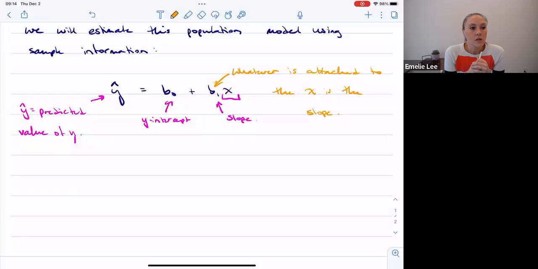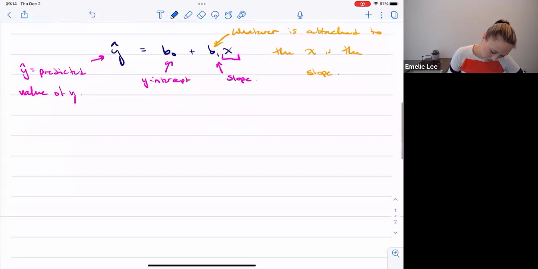Okay, so that's great. Now the goal is to predict values of y. We're going to have some unseen value of x, or potentially seen, but what we want to do is predict the outcome, right? So we want to predict y.